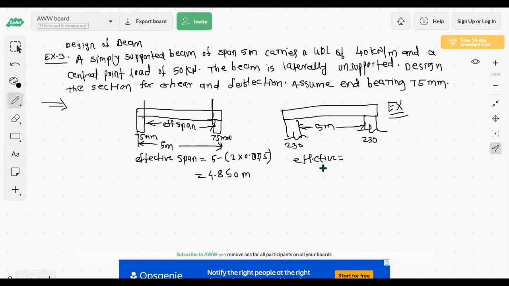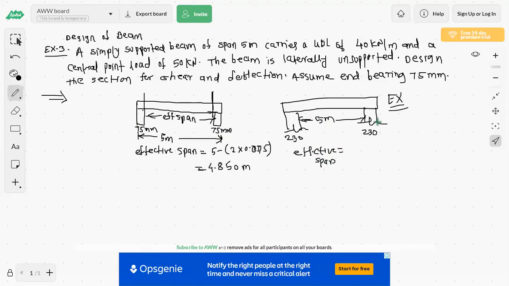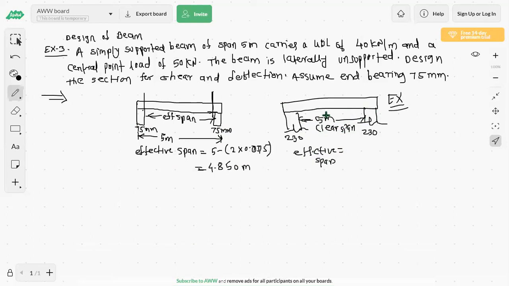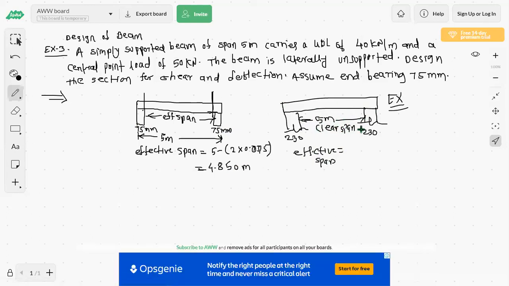And in this other case, suppose the clear span is given as 5 meter. This is the clear span. Write down this example in the top margin of your notebook and draw the sketch. The clear span is given as 5 meter and the wall thickness is 230 mm.